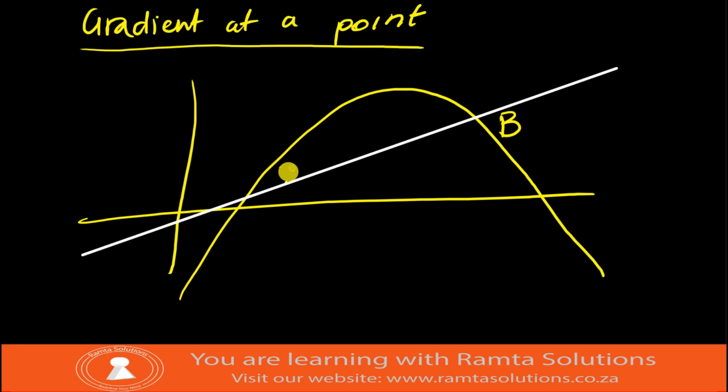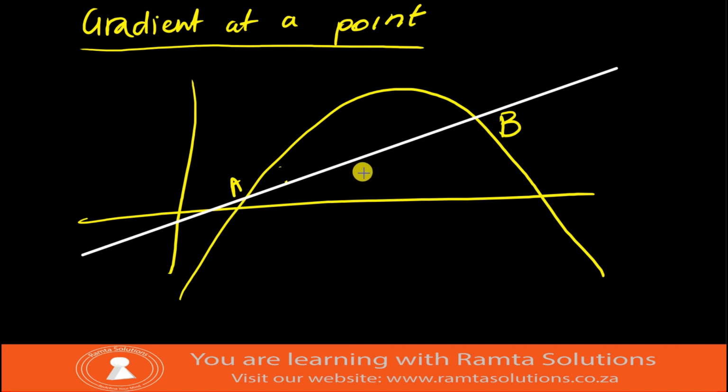So here is where my point A is, the yellow one. It's easier for us to find the gradient between 2 points.